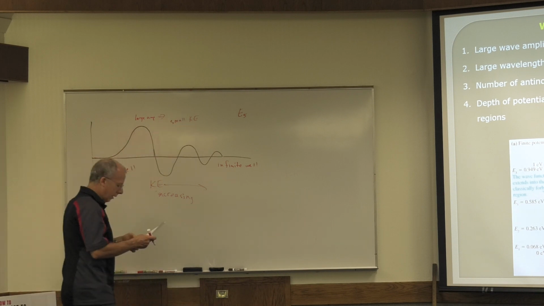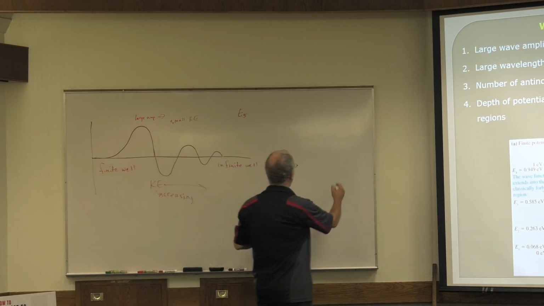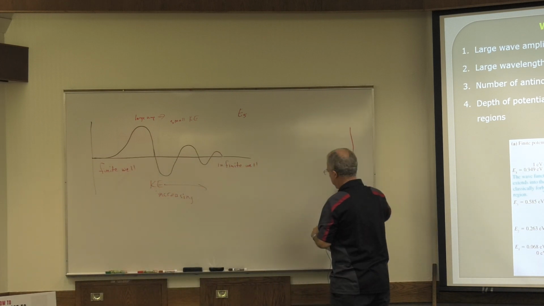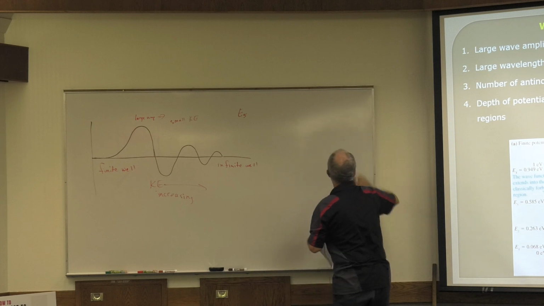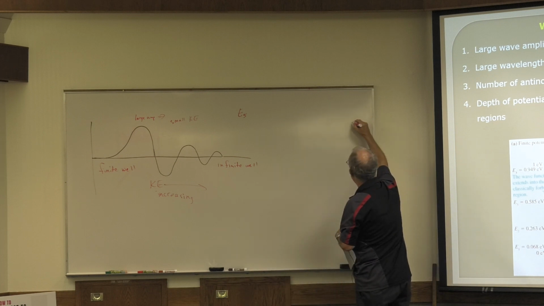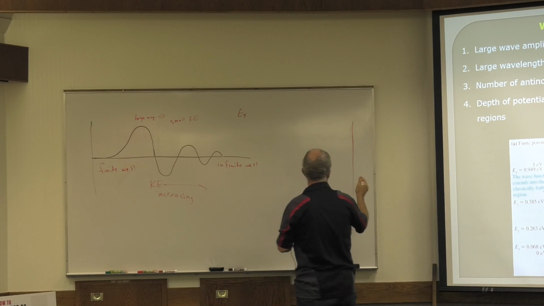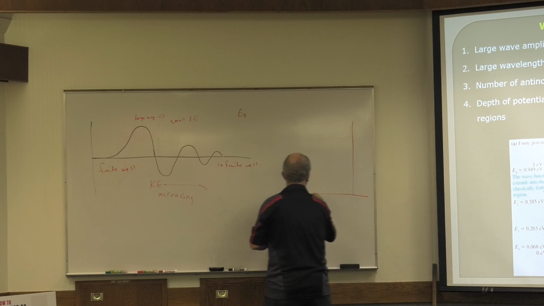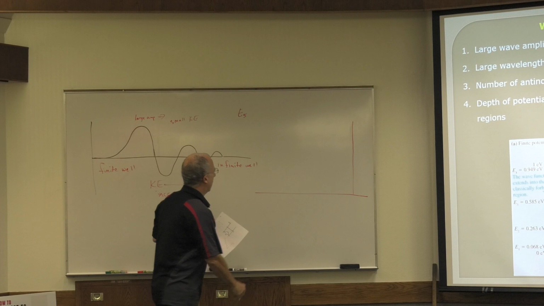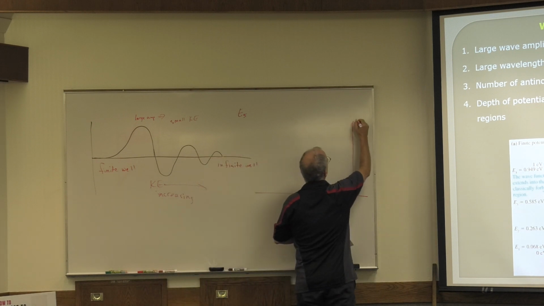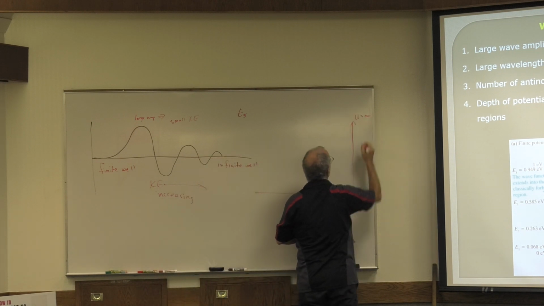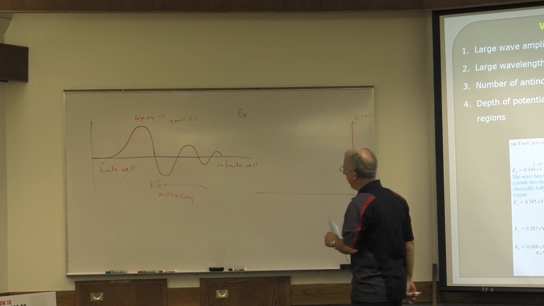Okay, all right, so let's do it. On the right we have an infinite well. Agree? Infinite well. And here's our x, as always. So this goes to infinity. So this is U equals infinity. This is our x-axis, like always.